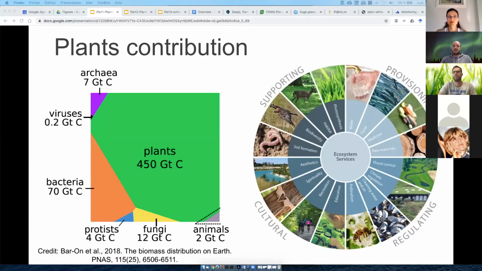This biomass, associated with a high diversity, explains why plants contribute so much to what we call ecosystem services, which allow human subsistence and life quality, illustrated on the right side of this slide.